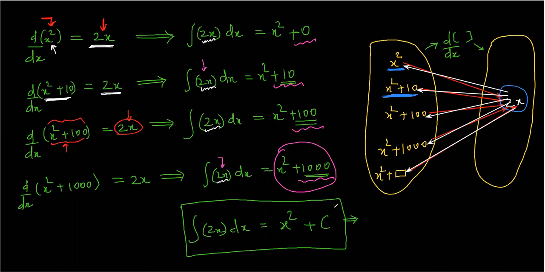What is this constant known as? This constant is known as constant of integration. I hope that whatever I'm writing, you all keep writing it. This is known as constant of integration.